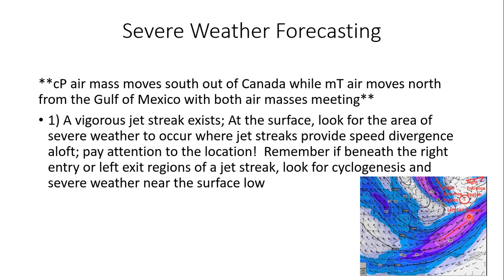So at the surface, you're going to look for the area of severe weather to occur where the jet streaks provide that excessive mass removal aloft, divergence aloft in the form of speed divergence. Pay attention to the location of these jet streaks here at the bottom right in this graphic. Remember, if your location is beneath that right entry or left exit regions of a jet streak, or the left front and right rear quadrants, look for cyclogenesis and severe weather to occur nearest the surface low. That's where the most energy is going to be occurring.